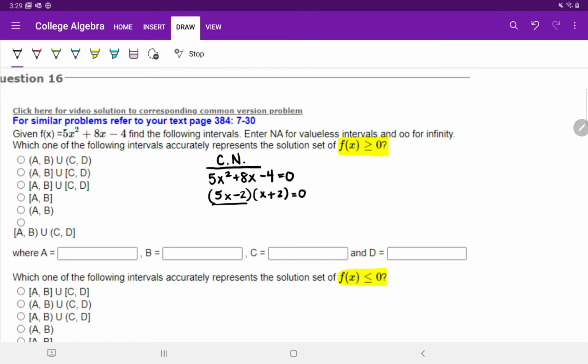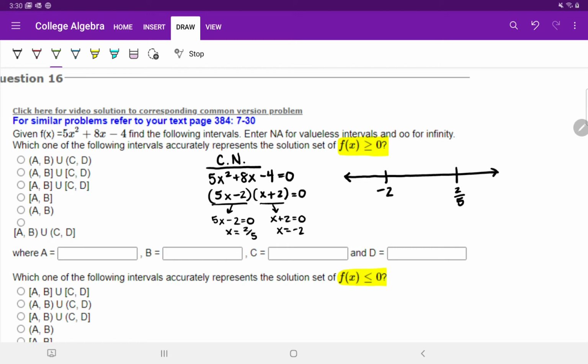Okay, we can split up our factors into two separate mini equations. And we end up with x equals 2/5 and x equals -2. These are our critical numbers that we use to divide up our x-axis at the points -2 and +2/5.